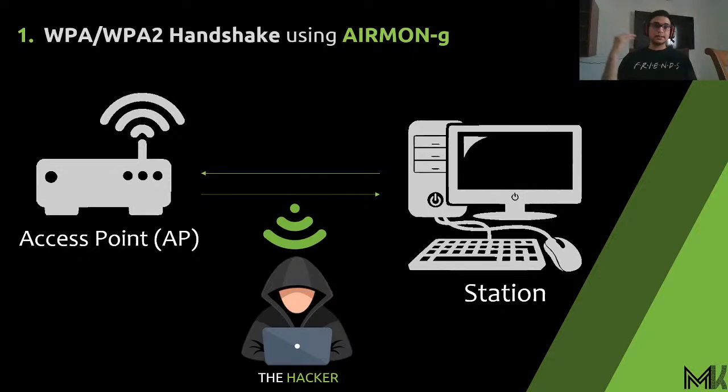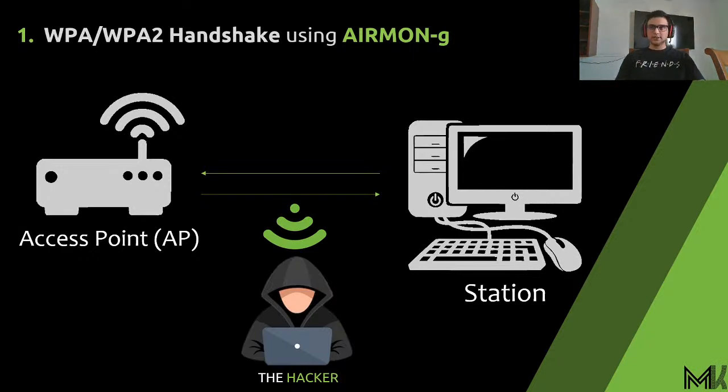This hacker is going to listen passively. It's just going to listen to all the process that's going to happen between the station and the access point. And when the station receives the temporary key from the access point, the hacker will capture the handshake successfully. Now this handshake is imperative for the rest of the crack to progress. So yeah, that is the handshake part.